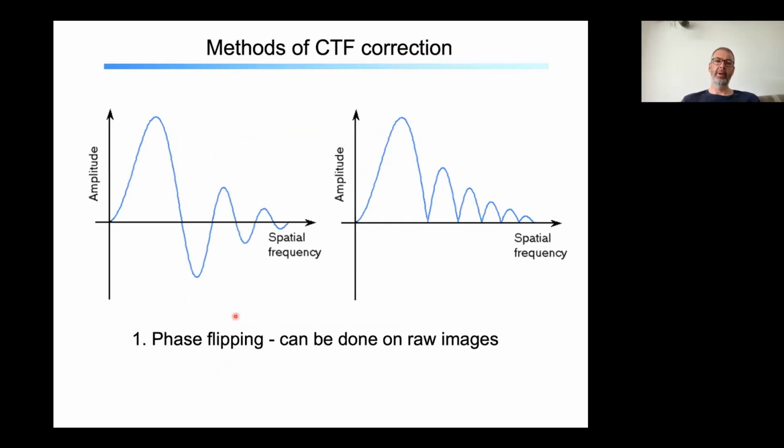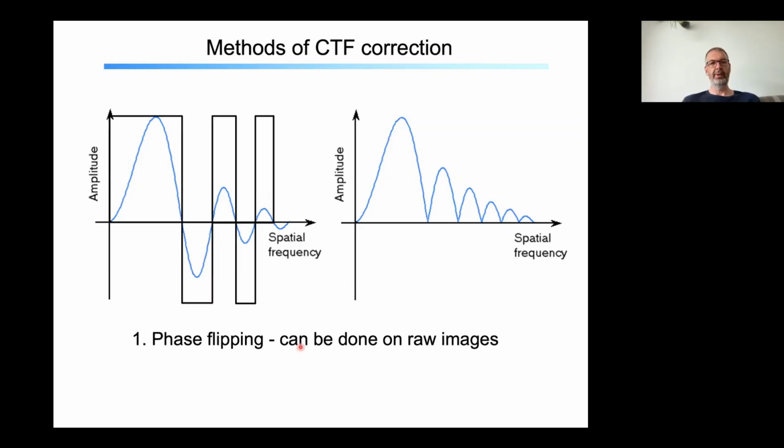So, methods for CTF correction. The first thing that we need to compensate for is essentially this. We have contrast reversals, so they have the opposite contrast to each other, and that's incorrect. So the simplest way to correct for that effect, and what we used to do routinely, is to do something called phase flipping.